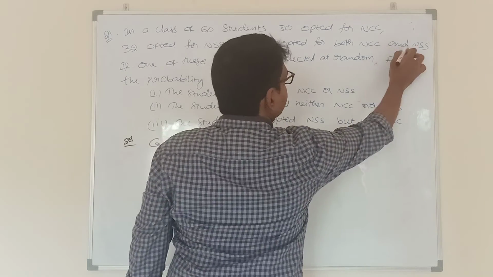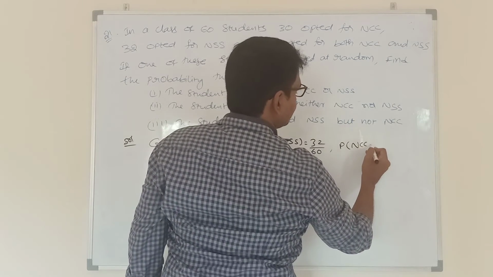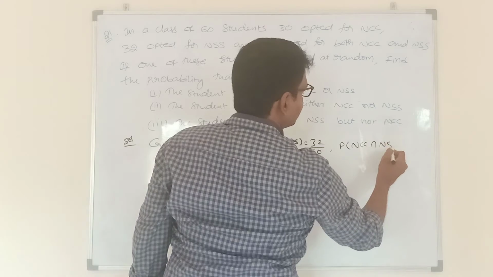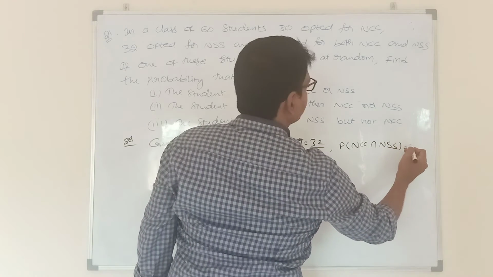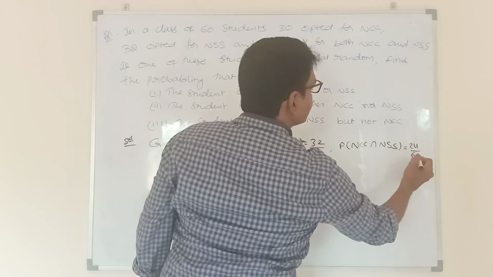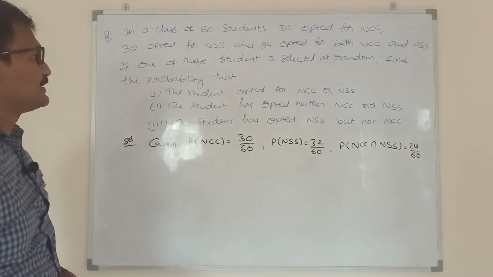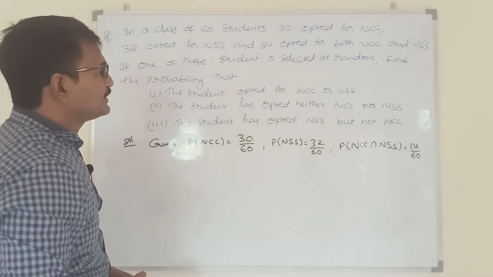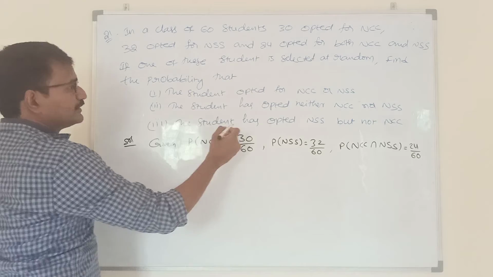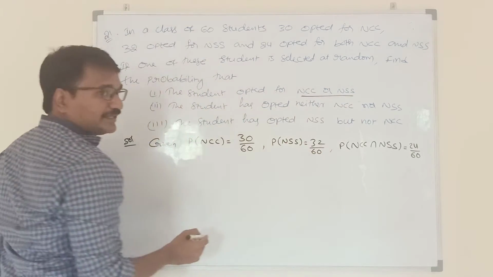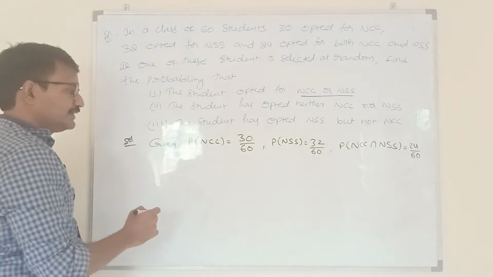Both means and here, so NCC intersection NSS is 24 by 60. If one of these students is selected at random, find the probability that NCC or NSS is there.